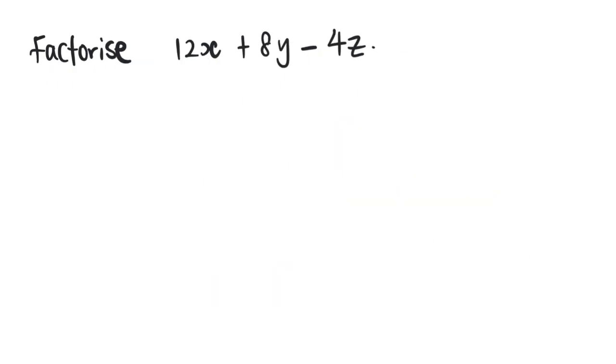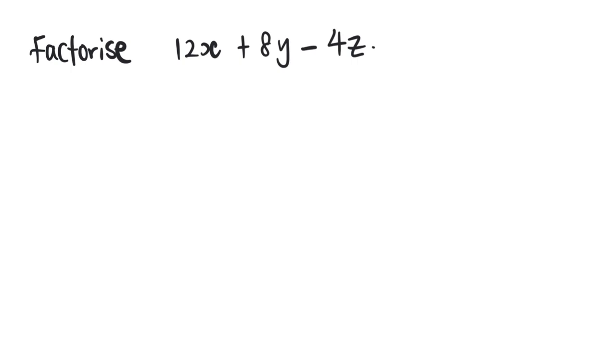Hello everyone, welcome to this video where we are required to factorize 12x plus 8y minus 4z. These three terms. And I realized that the highest common factor of 12, 8 and 4 is 4.